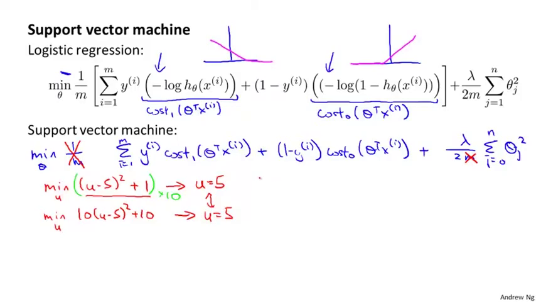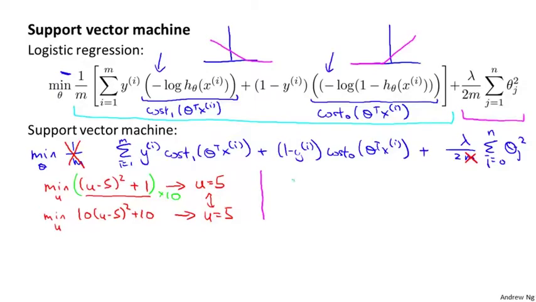The second bit of notational change, which is again the more standard convention when using SVMs instead of logistic regression, is the following. For logistic regression, we had two terms in the objective function. The first is the cost that comes from the training set, and the second is the regularization term.